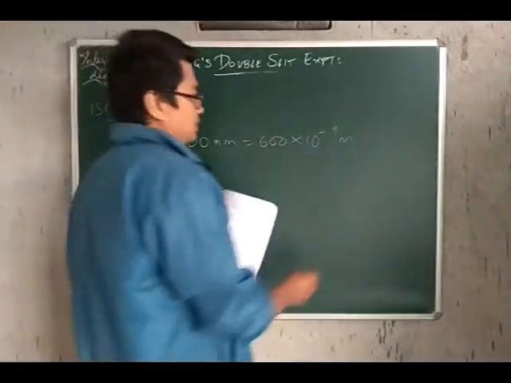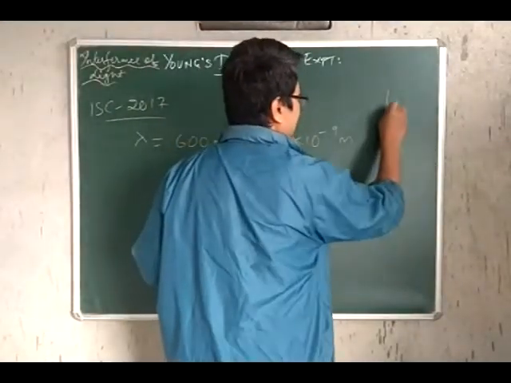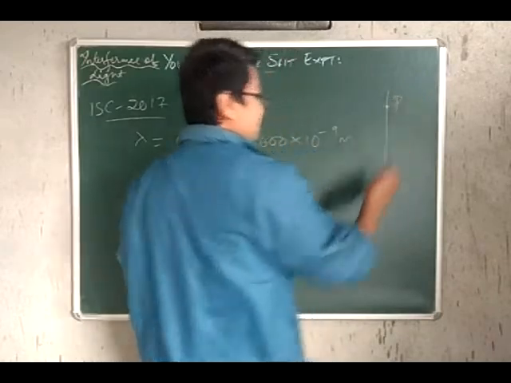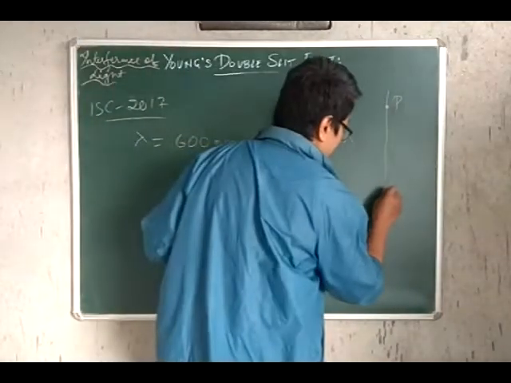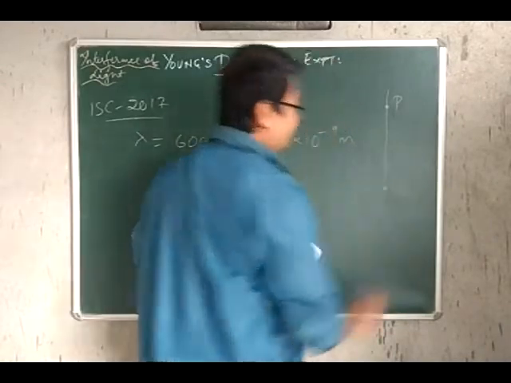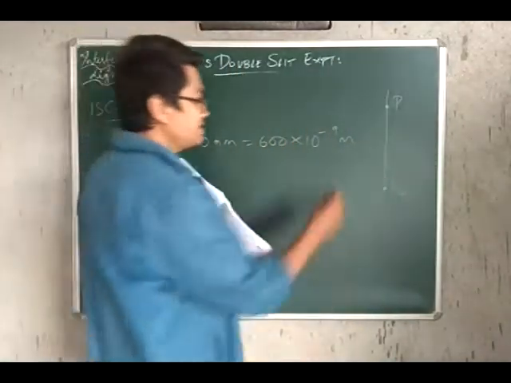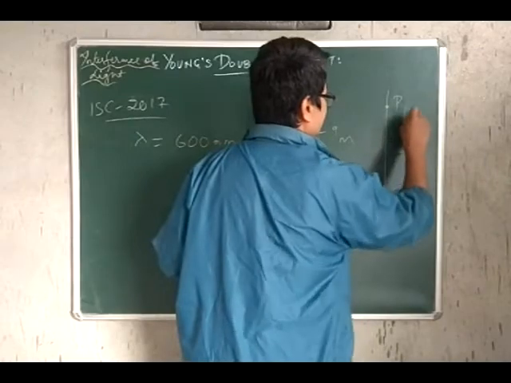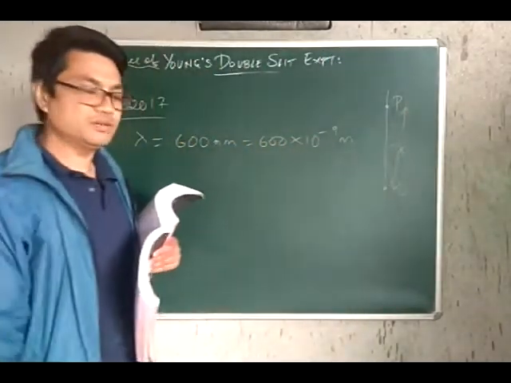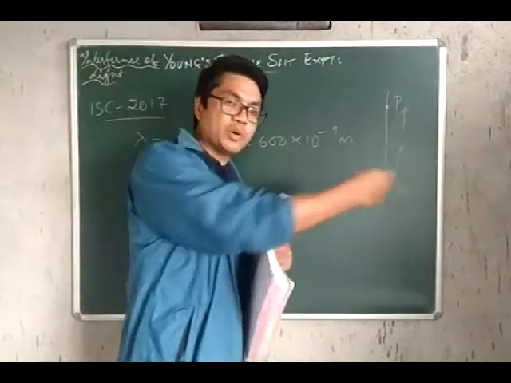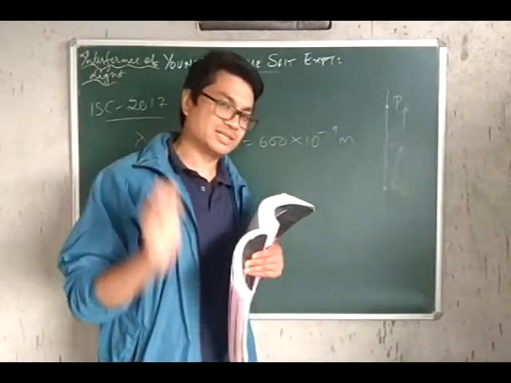If you remember, if this was the screen, say at point P we have our fifth bright fringe. This is the central point O. This distance we have taken to be x, the distance of any random point P from point O, our central position on the screen.